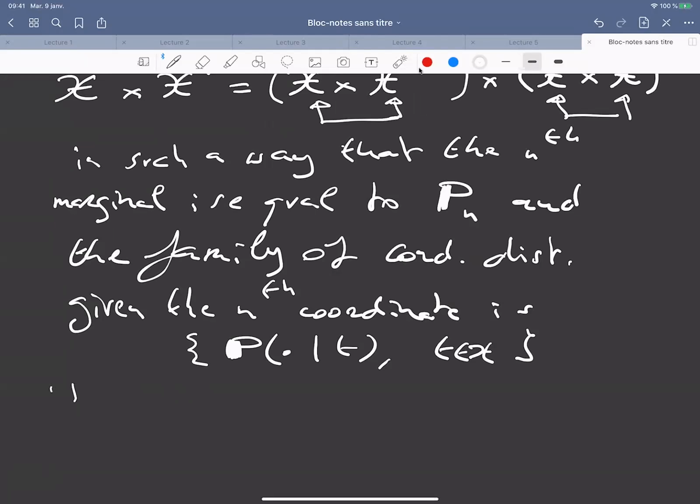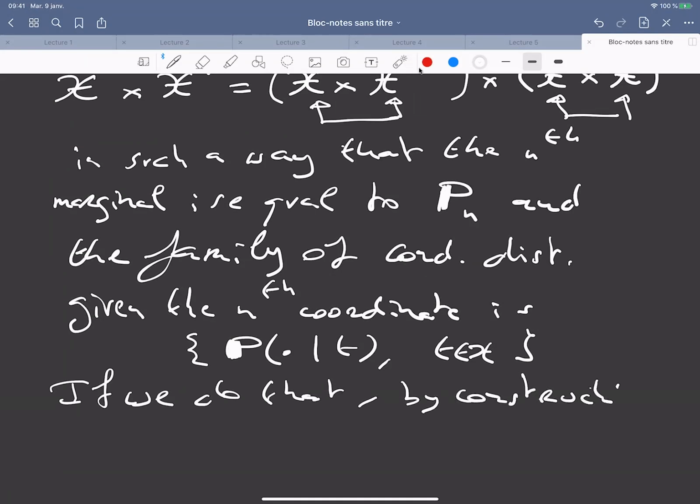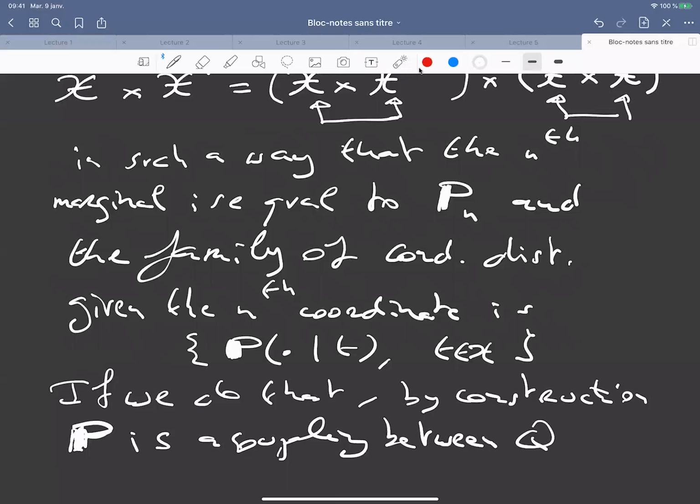If we do that, by construction, P bold is a coupling between Q and Pn.